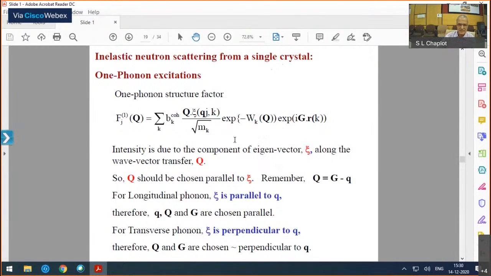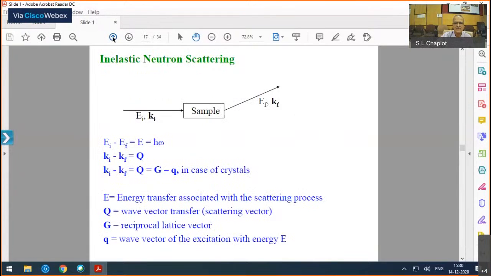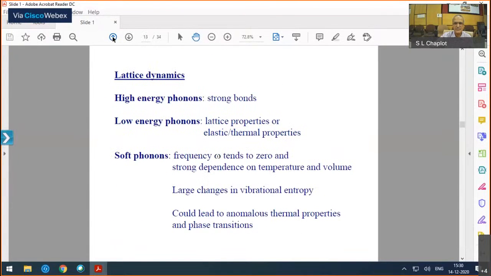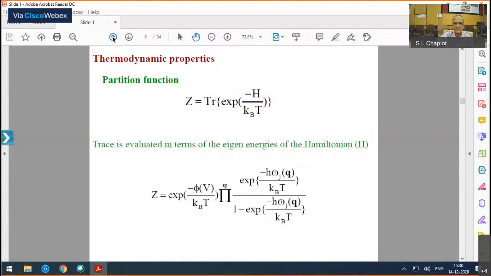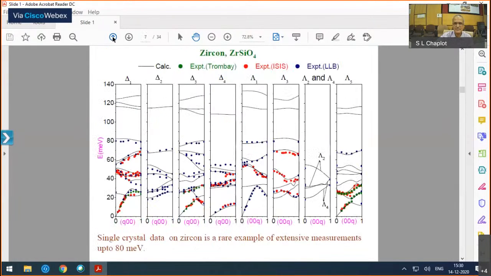That's another very important issue, that is about what is the use of group theory in phonon measurements. Here's a typical example, the crystal I just mentioned.